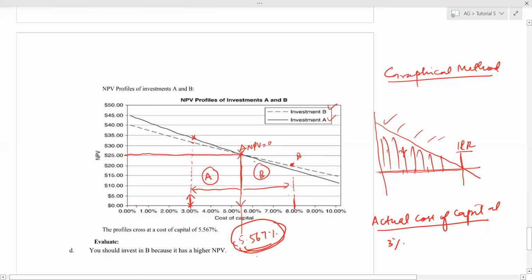So what is the takeaway? The takeaway is that you calculate the crossover rate if, number one, the projects are mutually exclusive, and number two, they have equal scale of initial cash outflow and life.